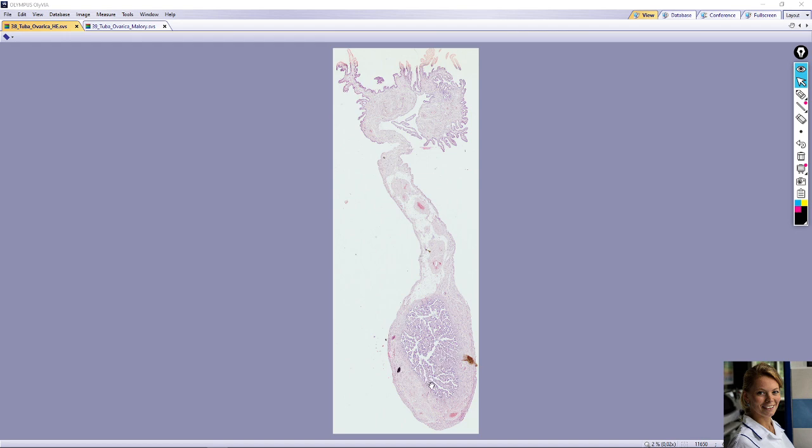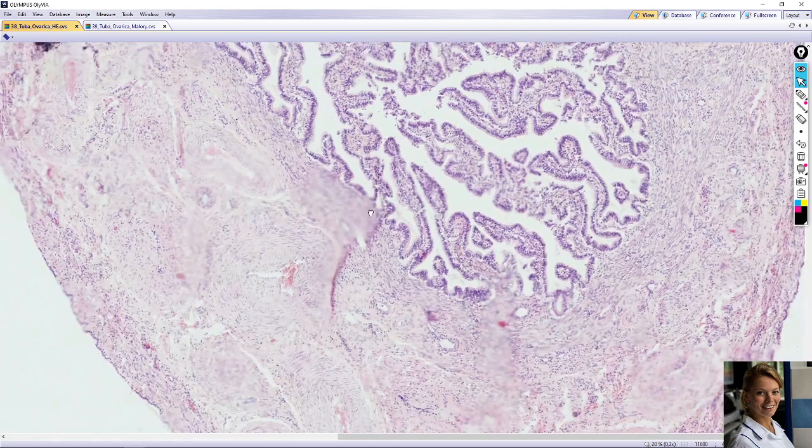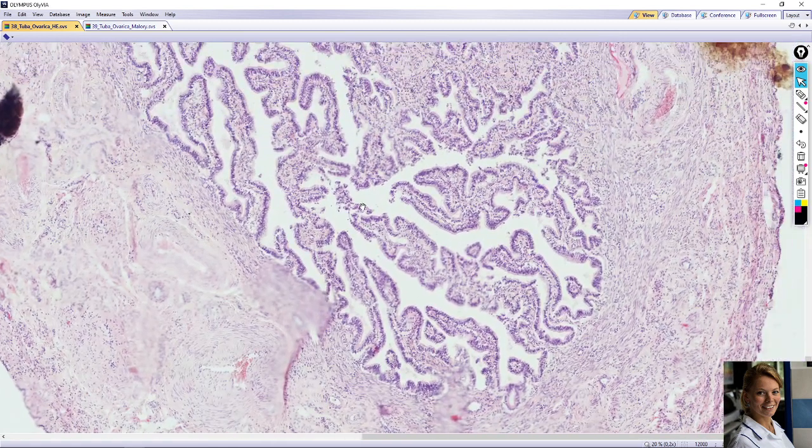It exhibits extensive mucosal folds. Here you can see mucosal folds that form an irregular lumen and produce deep grooves between the folds. The folds become smaller near the uterus.